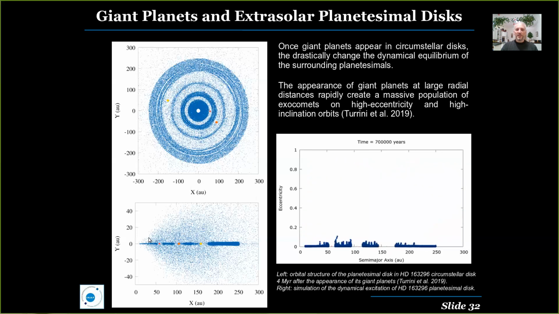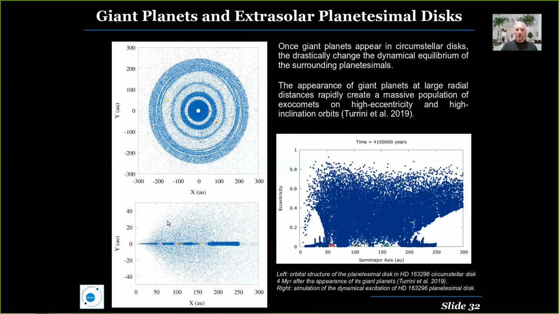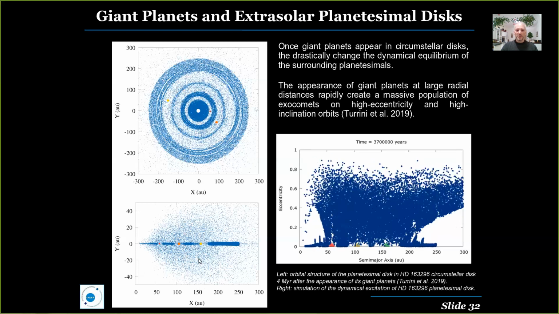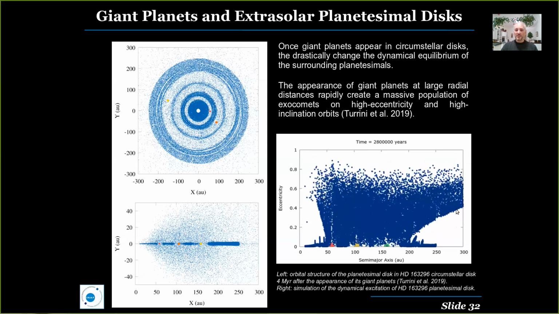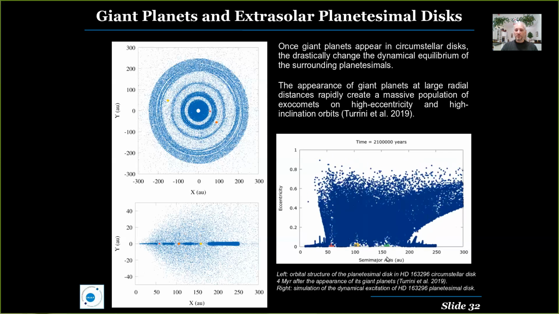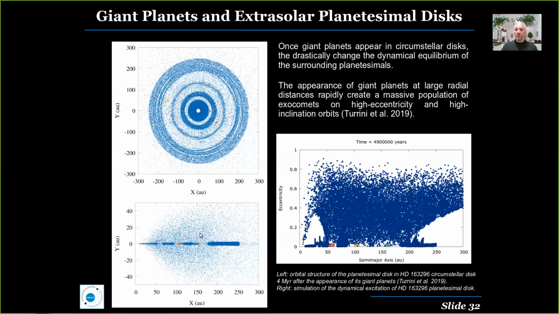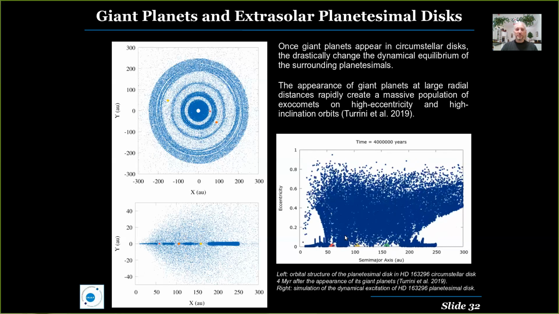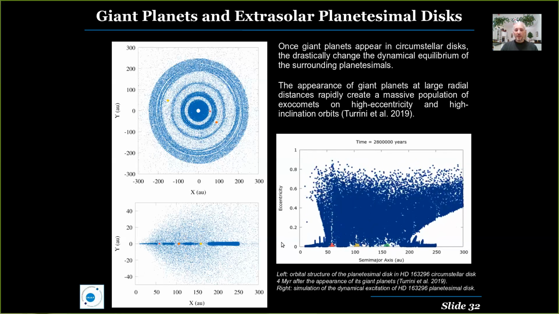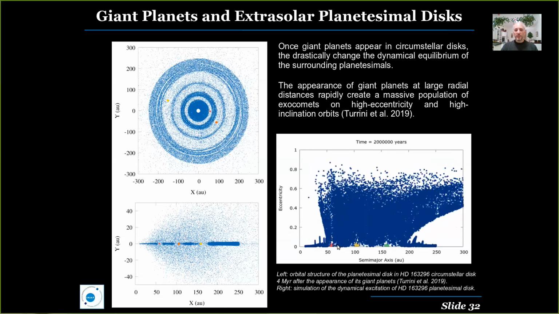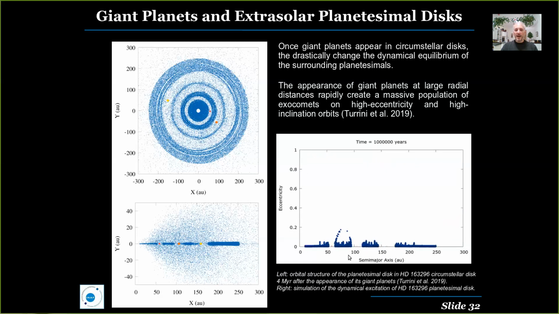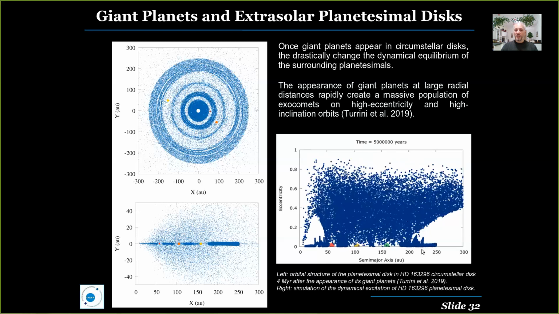the population of planetesimals gets very dynamically excited and creates a population of exocomets with very high inclinations and very high eccentricities, as you can see in the animation of the excitation process of the disk of HD 163296, the one on the bottom right in the previous slide. This is a simulation with the masses closer to the most up-to-date estimates of the masses of the three giant planets.